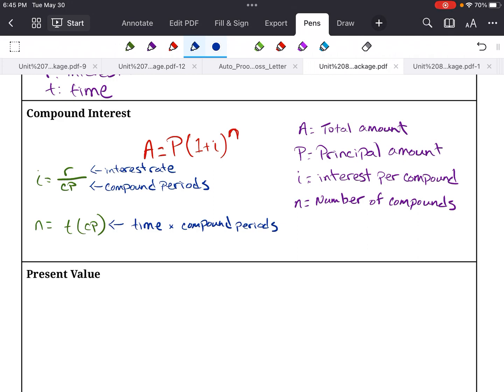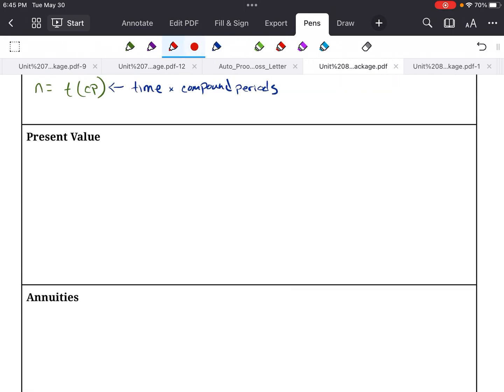Okay, present value. So that compound interest formula was for future value, how much we'll have in the future. Present value is more if you're taking out loans or you have a goal in mind. So in 5 years, I want to have $20,000 saved. How much do I need to put away today? So we have present value equals the future value divided by (1 plus I) to the power n.